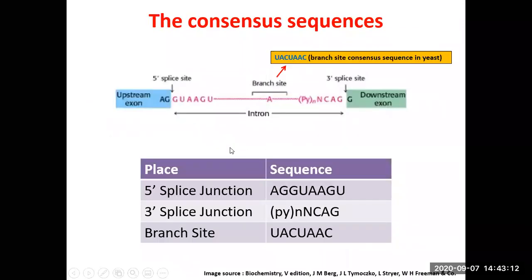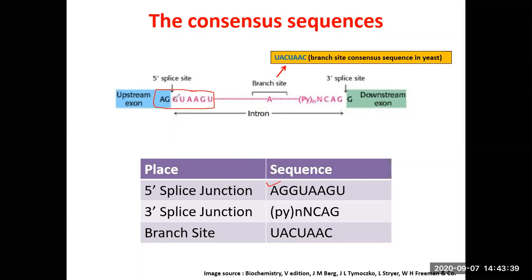Okay, so at the 5' splice junction you have this consensus sequence. I have mentioned it here also. Please remember the one in pink is the intron, shown here.